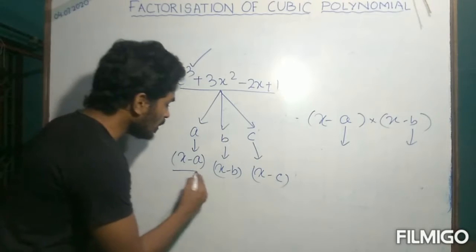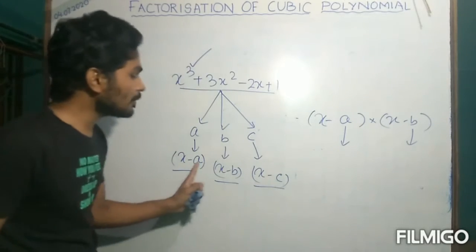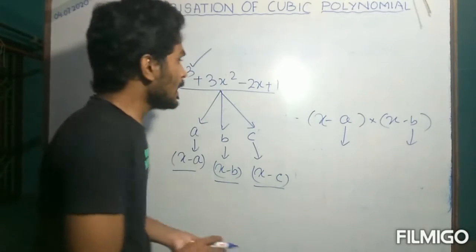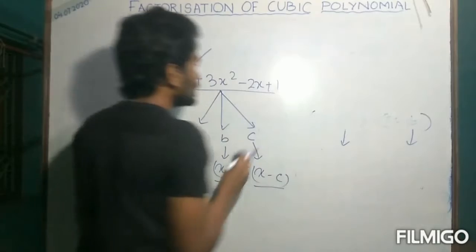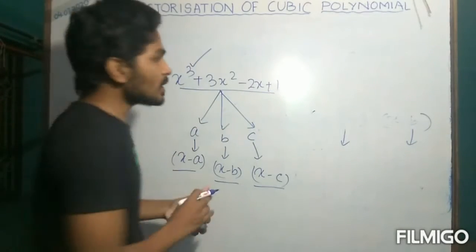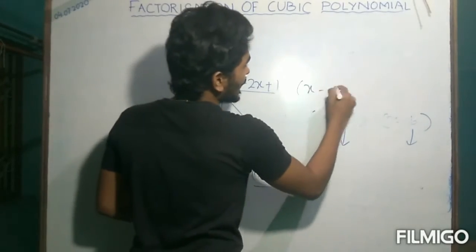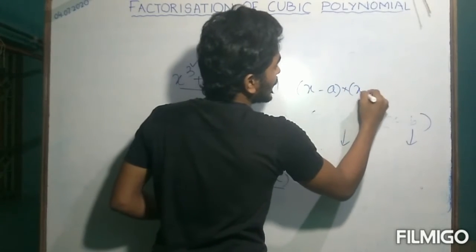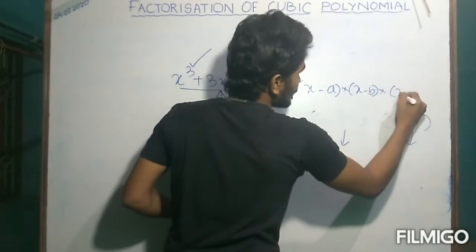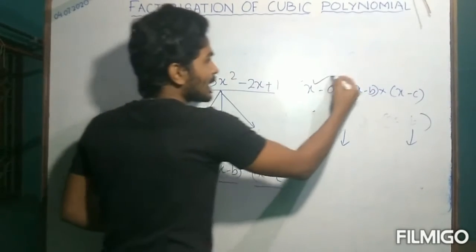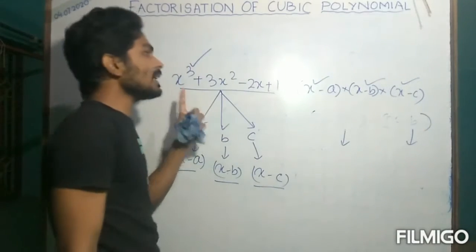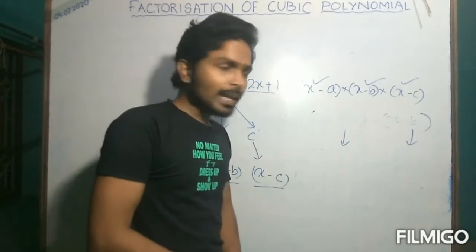And you can see all these 3 polynomials or the factors are linear. So we can write this cubic polynomial as the product of 3 linear polynomials, that is x minus a into x minus b into x minus c. Okay, and these are the factors of this cubic polynomial.